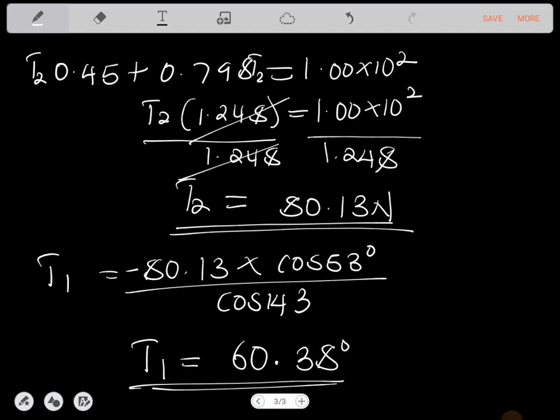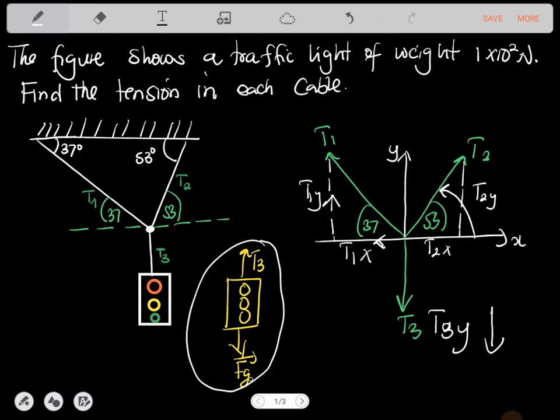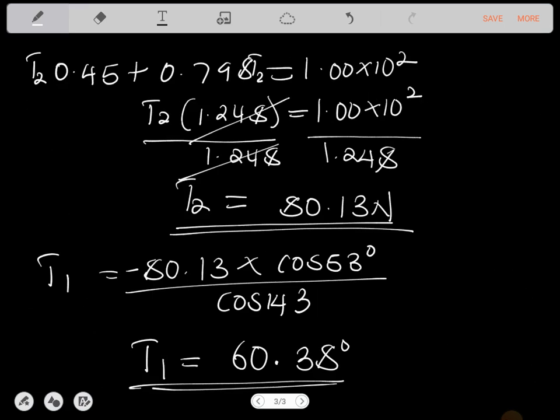So you can see T2 has been found. But what of T3? T3 we already established is equal to the weight but opposite in direction. So therefore we can now conclude. Oh, not degrees, what am I writing? Newtons. We can now conclude and say T1 is 60.38 newtons.